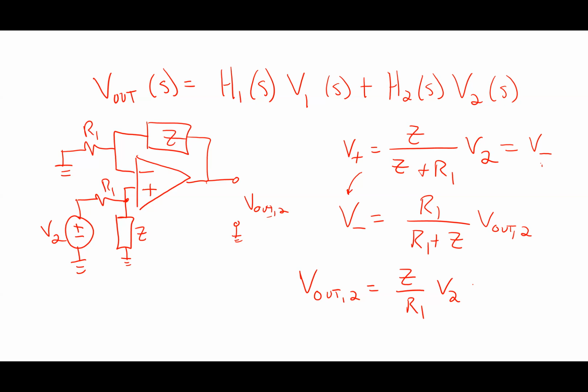Then I plug in the transfer function I got for Z, the impedance, and that would end up being R2 over R1 times 1 over S C R2 plus 1 times V2. So I got another transfer function where in the standard form it's K times 1 over S tau plus 1.